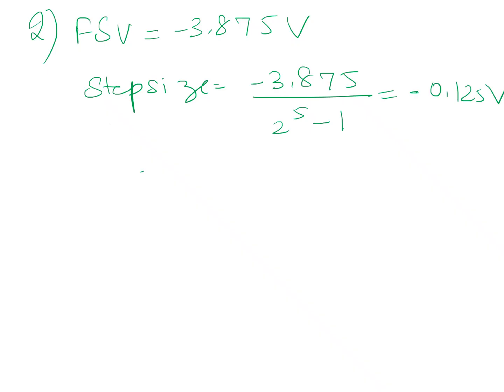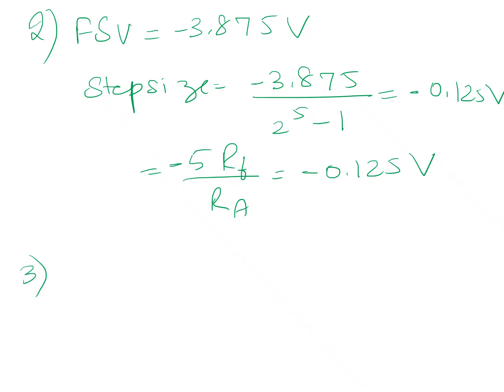The step size is also given by another formula, minus 5 RF by RA, which is also equal to minus 0.125 volts.